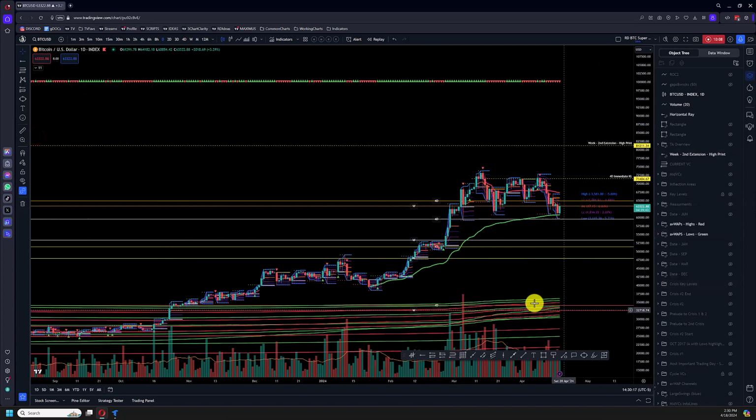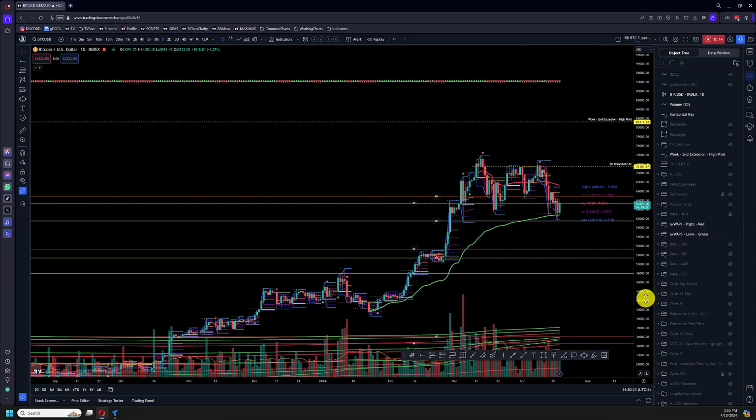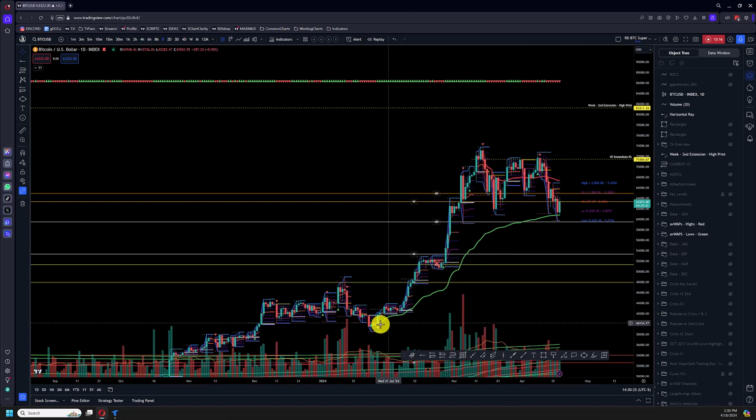So these lines here are the anchored vWAPs. Now, first thing to note is the most recent significant low. This is right matching with the RDA, and it's matching with where price has stalled.